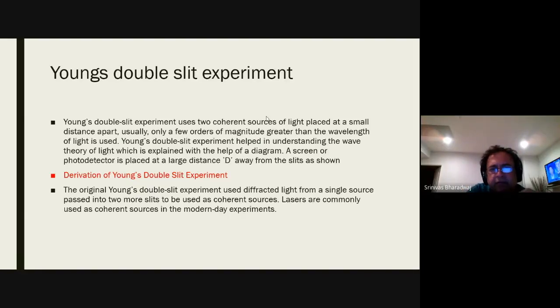light, if it was purely a particle, would just go in absolute straight lines, right?